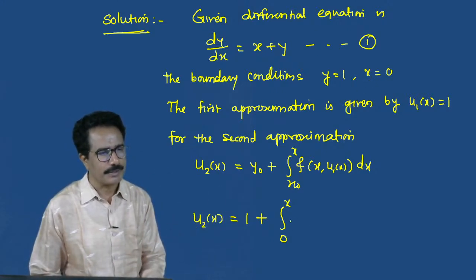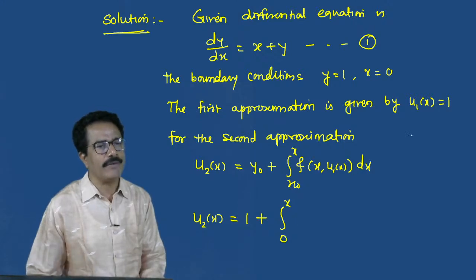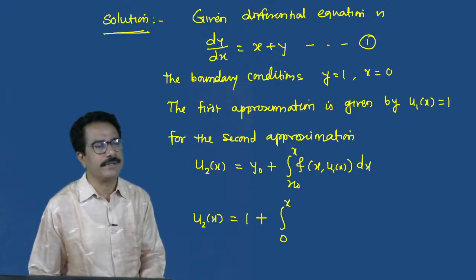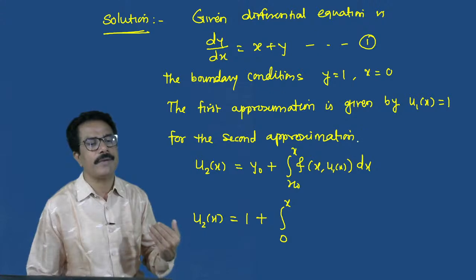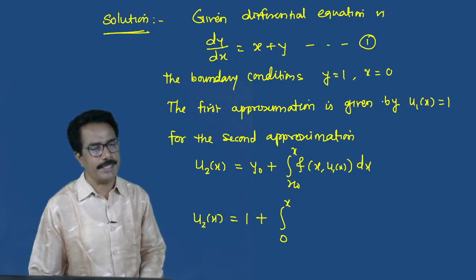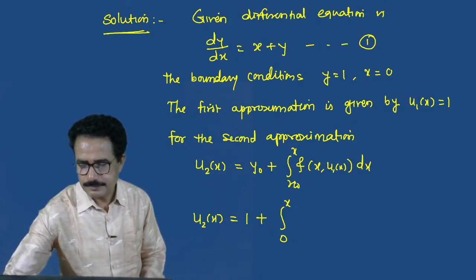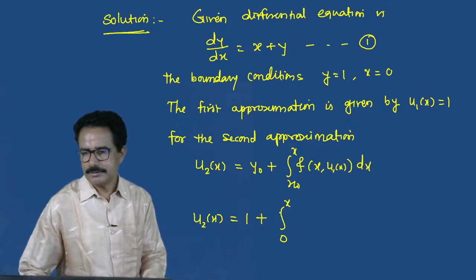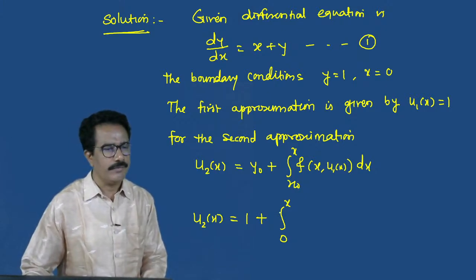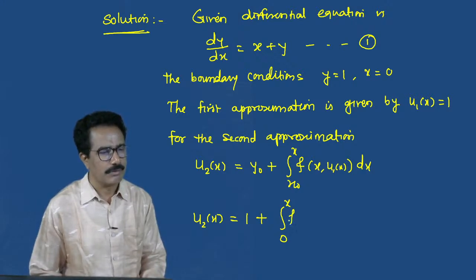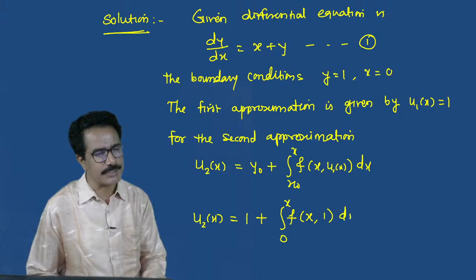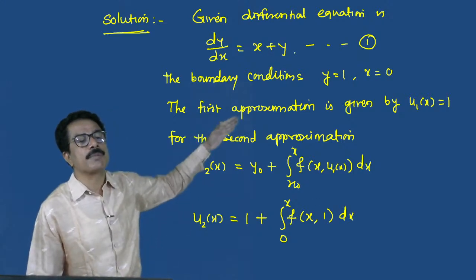So it will be the first value. u1 of x means x0 plus y0 plus 1 means 1. So y1, first approximation, the value of y1 is 1. So we can write f of x comma u1 means 1, u1 of x means 1, dx. Now f of x comma y means x plus y.